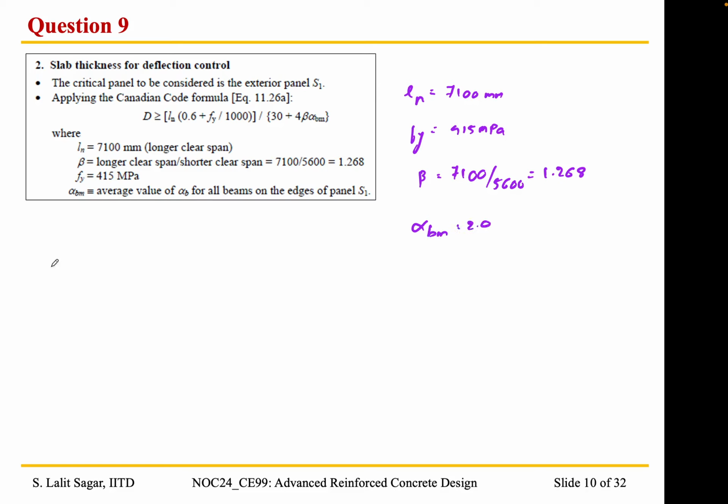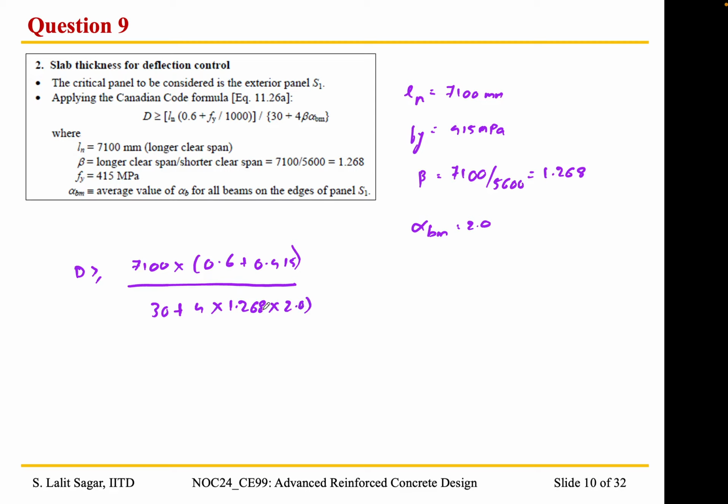So we'll plug all these values into the equation. D should be greater than or equal to 7100 into 0.6 plus 0.415, divided by 30 plus 4 into 1.268 into 2.0.